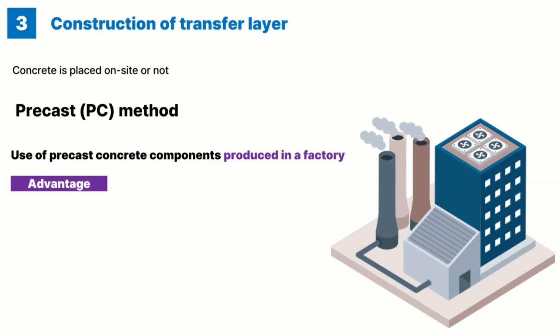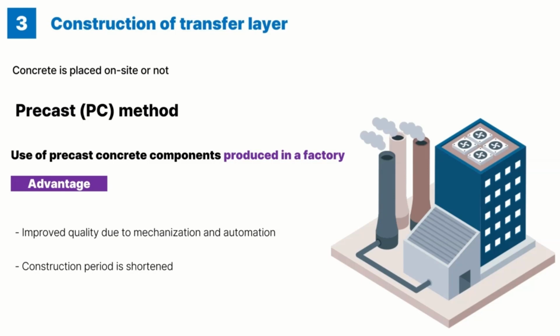The advantages of the PC method include enhanced quality due to mechanization and automation in factory production, as well as consistent quality. Additionally, since there is no need for on-site placing, construction time is reduced and site work is simplified.